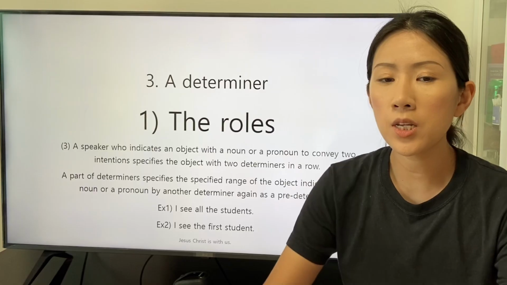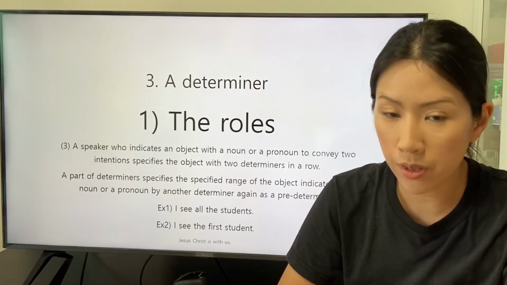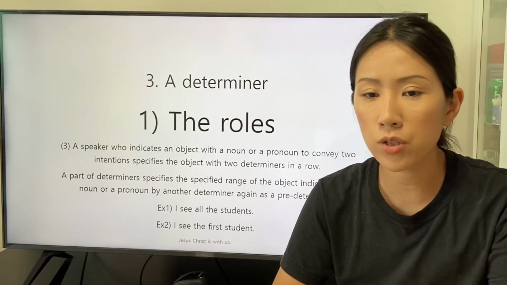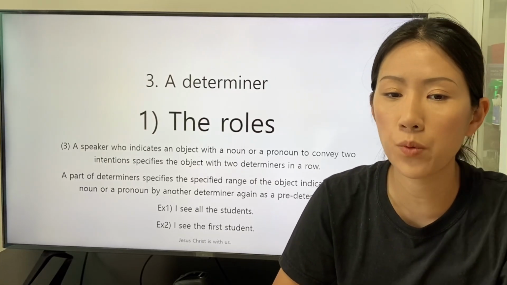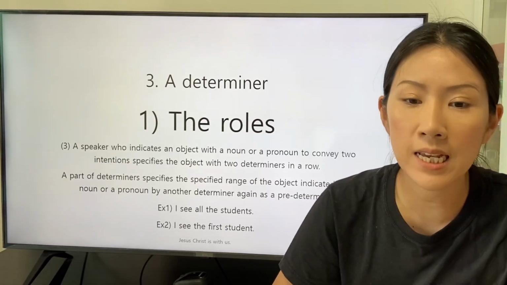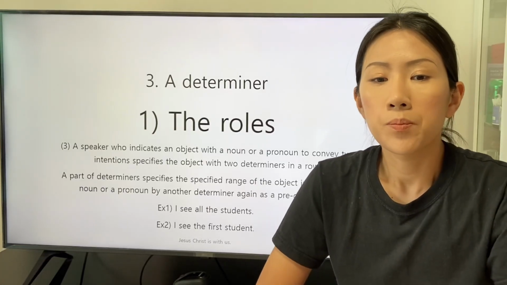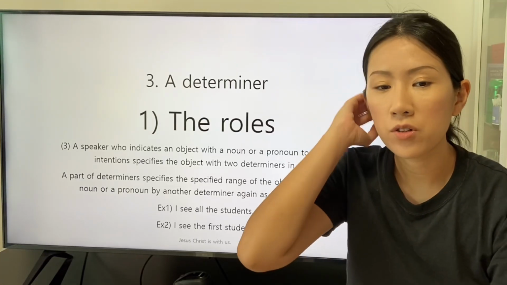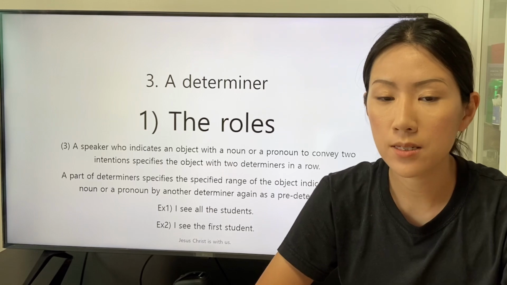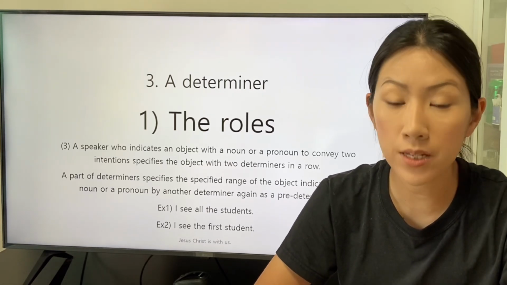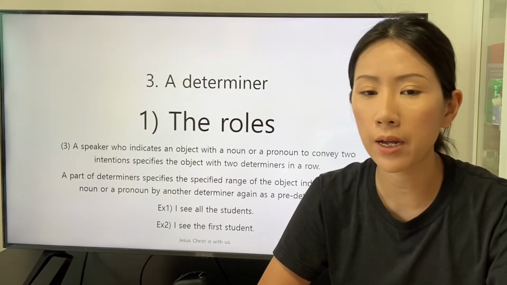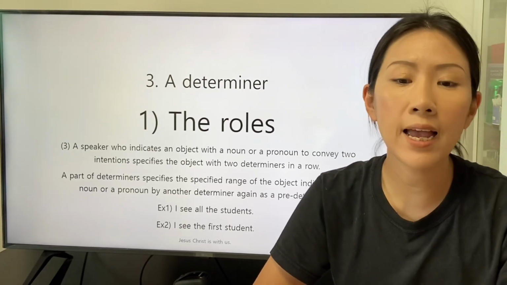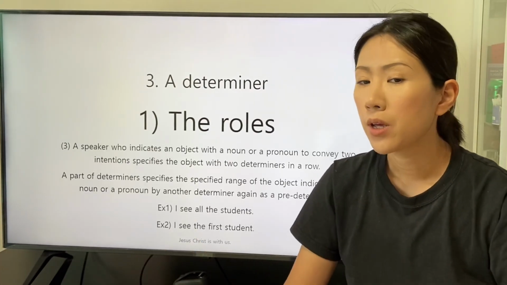A speaker who indicates an object with a noun or a pronoun to convey two intentions specifies the object with two determiners in a row. A part of determiners specifies the specified range of the object indicated by a noun or a pronoun by another determiner, again as a predeterminer.